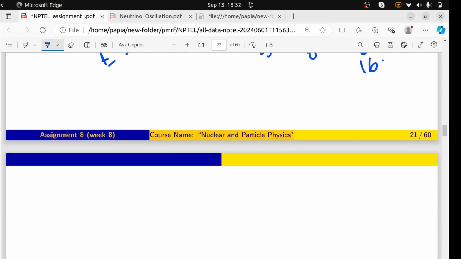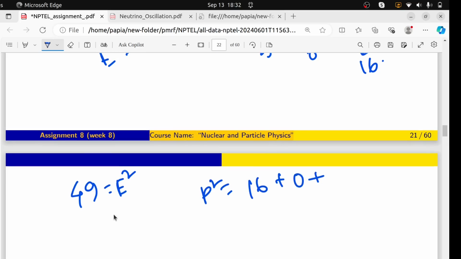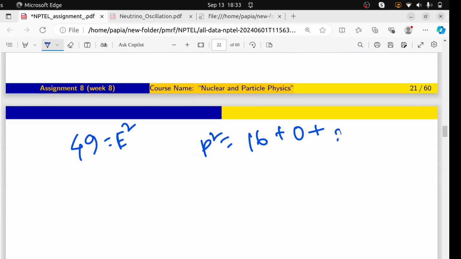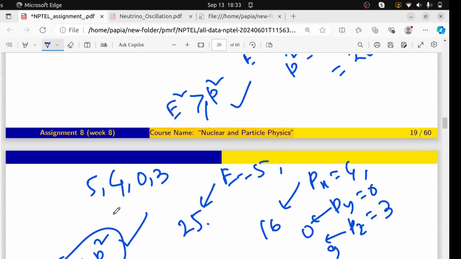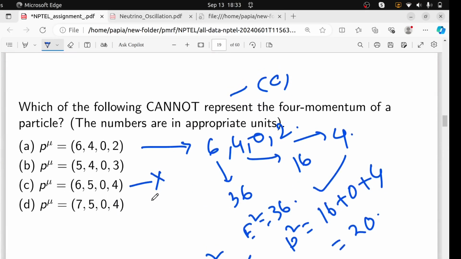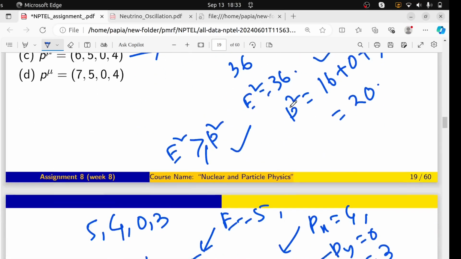Now see the answer: 49 equals E square, and P square equals 25 plus 0 plus 16, so 41. So this is fine, 49 is greater than 41, E square is greater than P square. So the only problem is with C. A, B and D can represent the forward momentum of a particle, but C cannot.